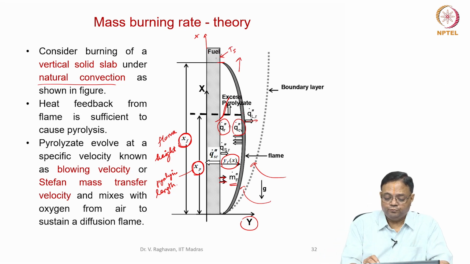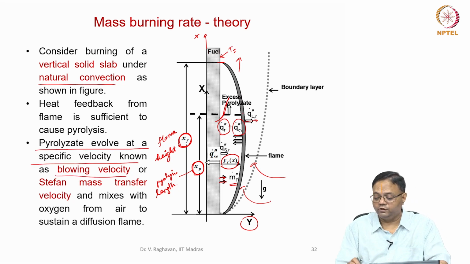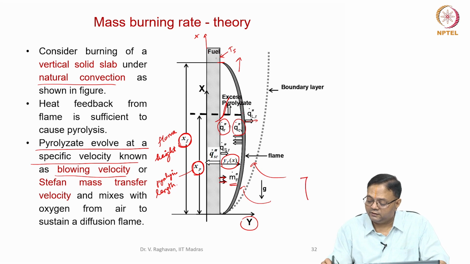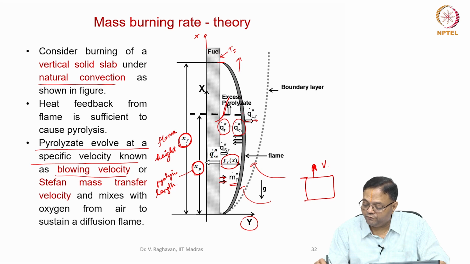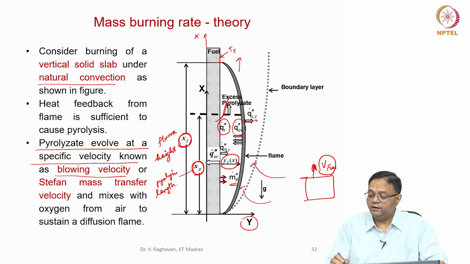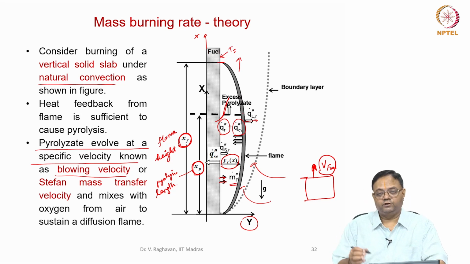Okay. So, the pyrolysis is evolved at a specific velocity called blowing velocity. So, when there is a condensed surface and mass transfer occurs, there will be induced velocity. So, I will say fuel velocity. This velocity, fuel velocity, is called blowing velocity or Stefan velocity.